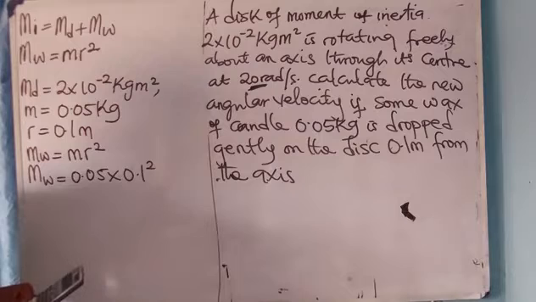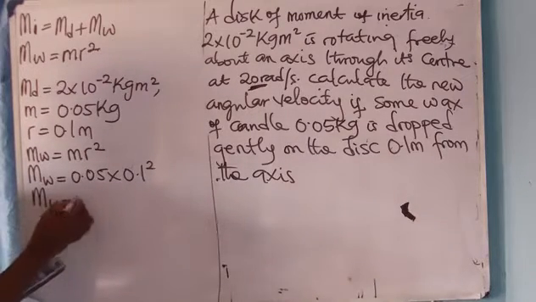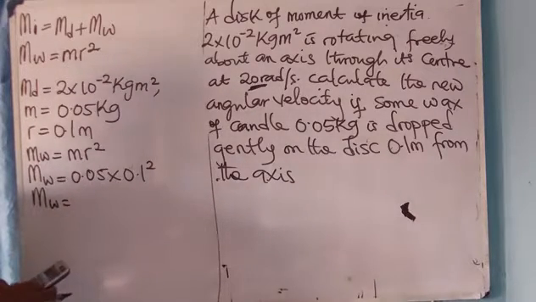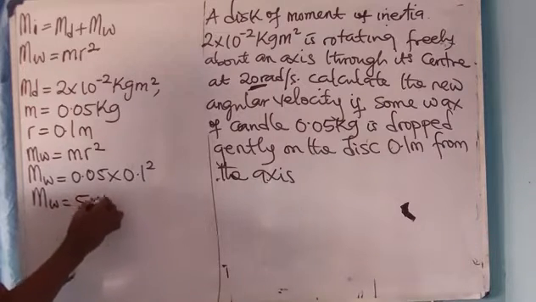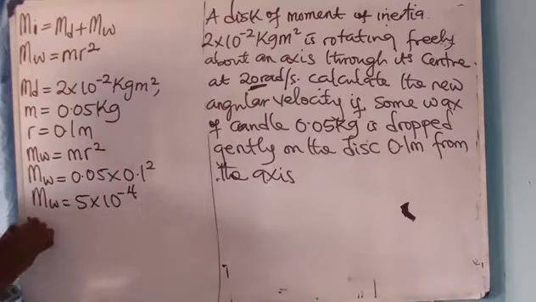So 0.01 times 0.05, I have it to be 5 times 10 raised power minus 4.